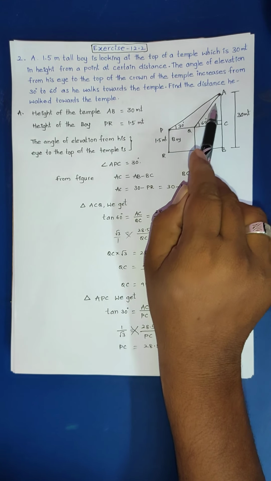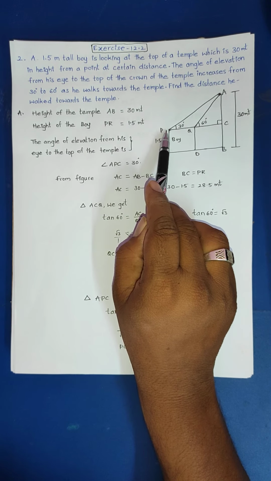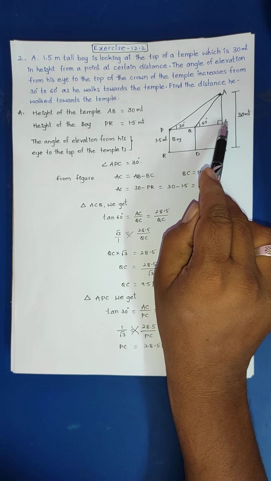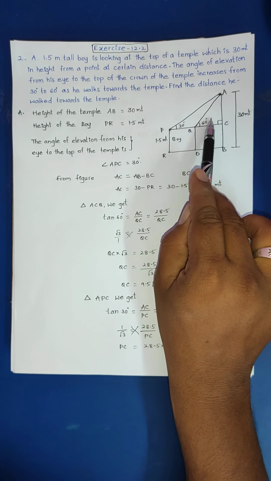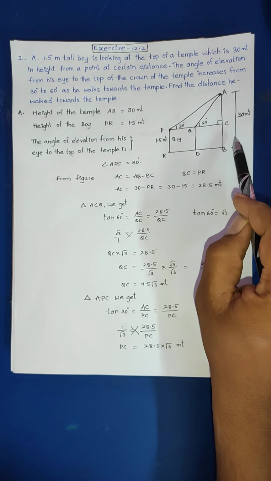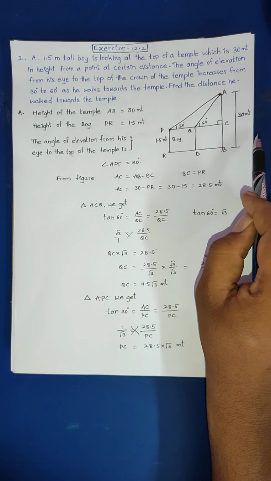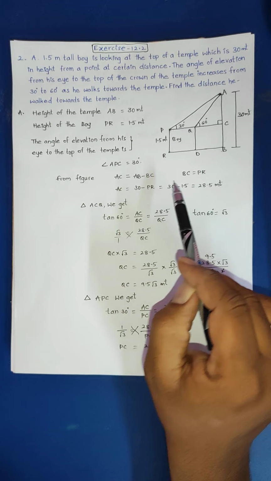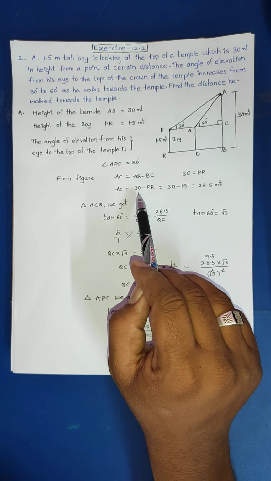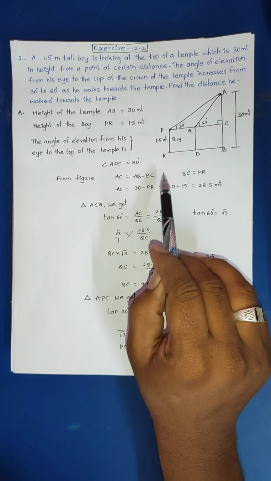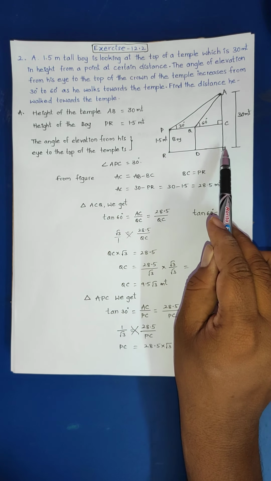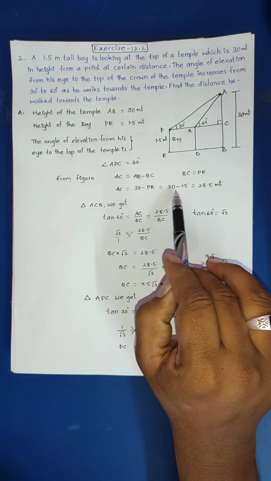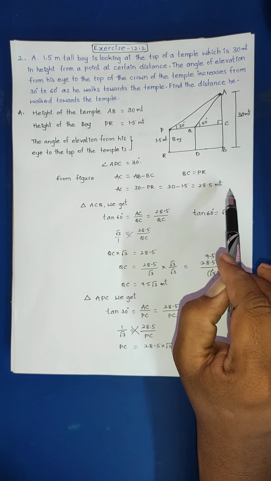This AC is from his eyesight horizontal point C to the top. AC is equal to the total length AB minus the height of the observer. AC is equal to 30 minus PR, and PR is equal to BC, both are 1.5 meters. This difference is 28.5 meters.